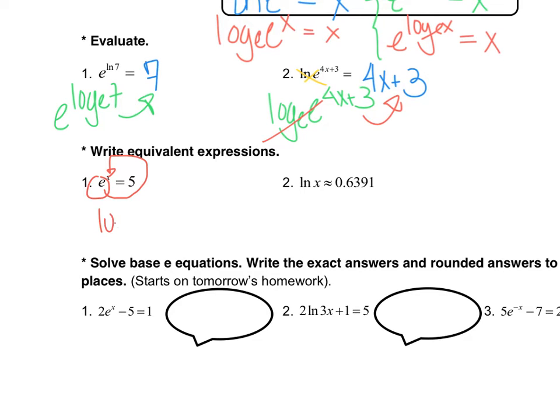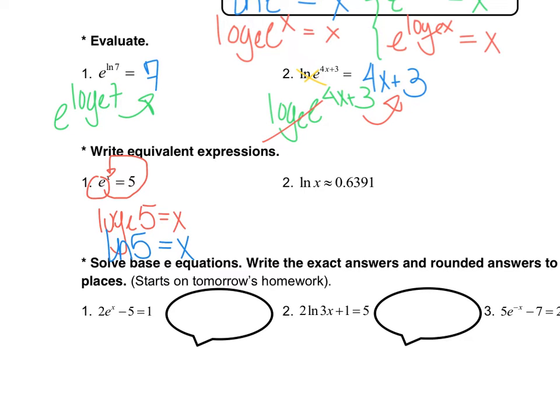So log base e of 5 equals x. But we don't leave our answer like that. We're going to write it as the natural log of 5 equals x. Is it technically wrong if you don't switch to ln? No, but you should.